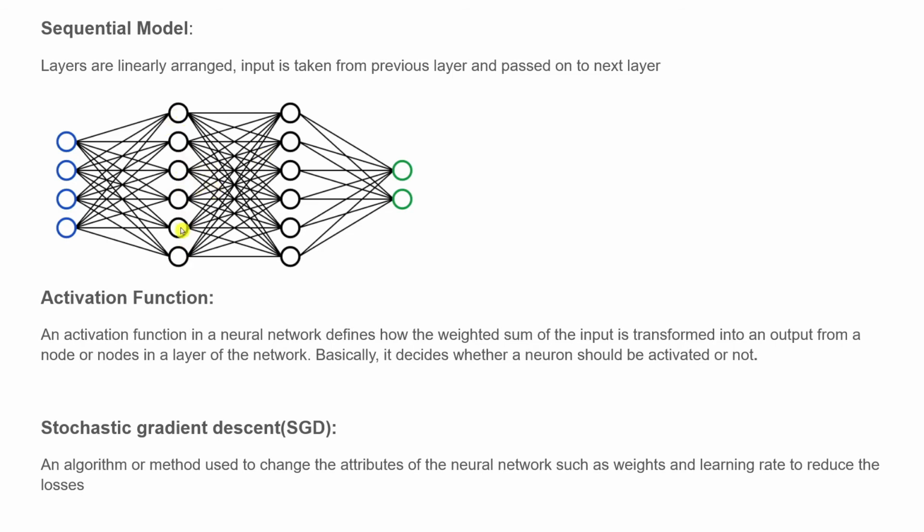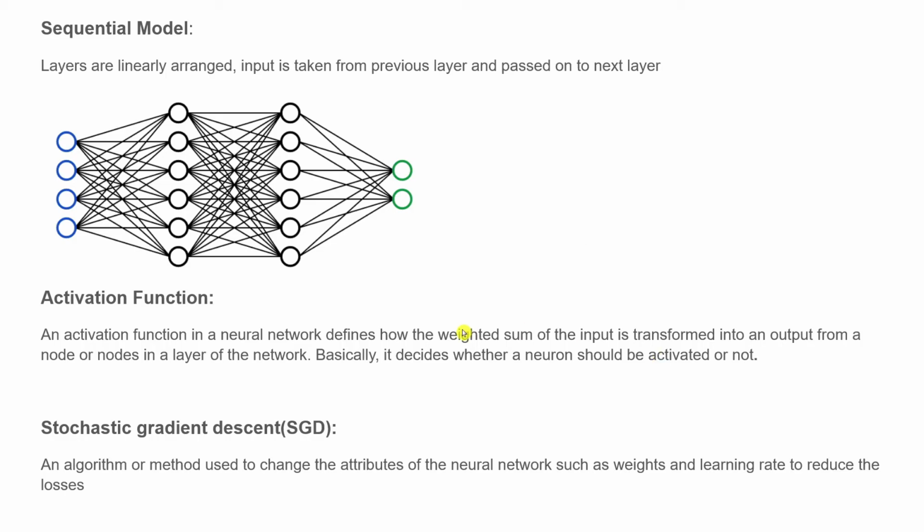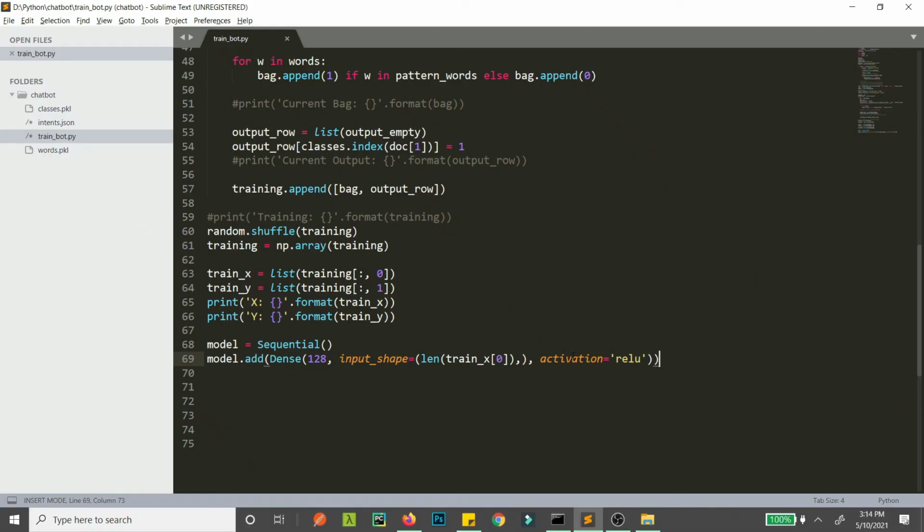Now we have different kinds of activation functions, and in this one we have decided to choose ReLU. I encourage you guys to learn more about activation functions, how they work, and all that stuff. But basically, what we need to know right now is we are defining which neuron will be activated, which neuron will not be activated, by this activation function. All right. Okay, now let's move ahead.